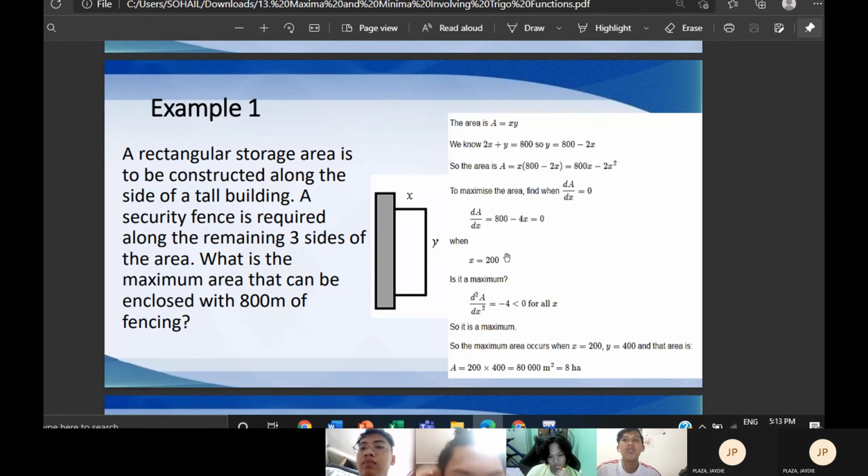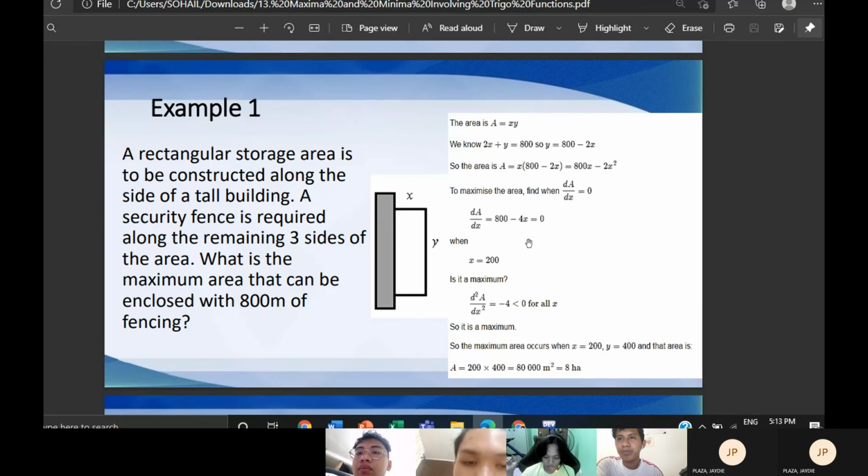So, tatanong ni Miss kung yan na nga ba yung maximum. So, para may check, yan sa second derivative. So, yung second derivative magiging is equal to negative 4. Kasi negative 4 na lang kasi di ba nung nilipat natin yung 800, may 4x pa doon.